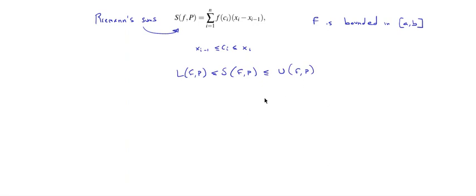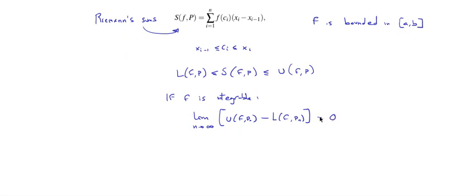Okay, so if f is integrable, then we have seen that the limit when n goes to infinity of the difference between U(f, Pn) minus L(f, Pn), with a sequence of partitions that get finer and finer, is going to be 0, right?